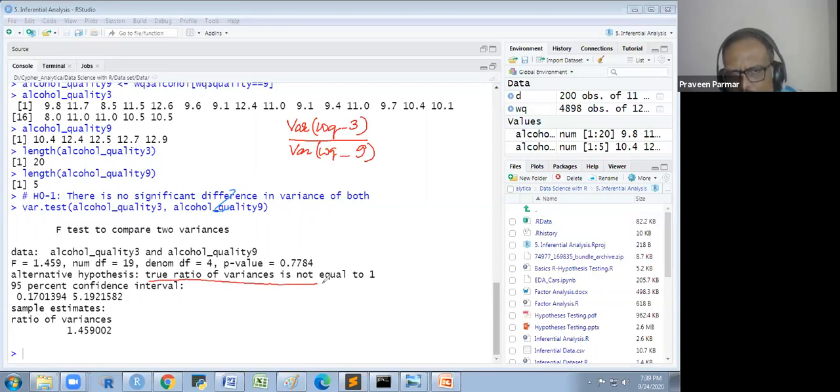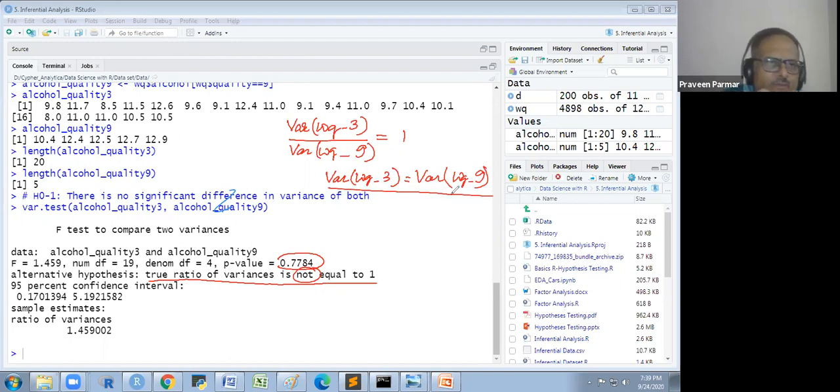You see, the alternate is that the ratio of the variance is not equal to 1. Our null hypothesis has been accepted, the alternate hypothesis has been rejected. So the ratio of variance is equal to 1. What will happen? Variance of wine quality 3 is equal to variance of wine quality 9. The variances are equal. Does that make sense to everyone?